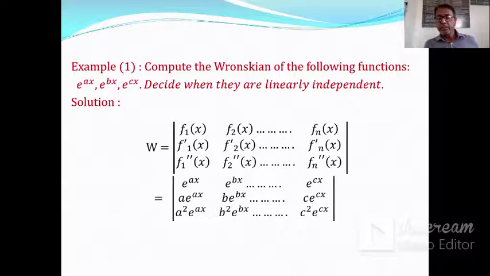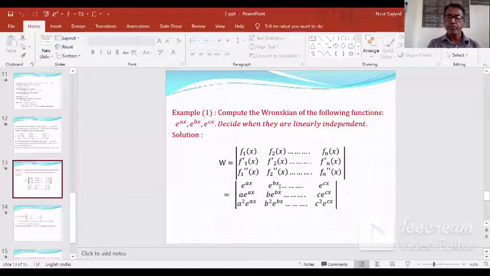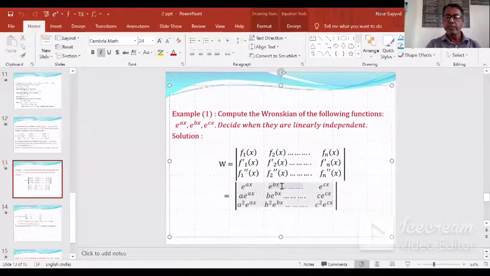Then f1 of x is e to the power ax, f2 of x is e to the power bx, f3 of x is e to the power cx. Here don't take dash dash dash, there is no dash dash dash there. We take this as the first row.